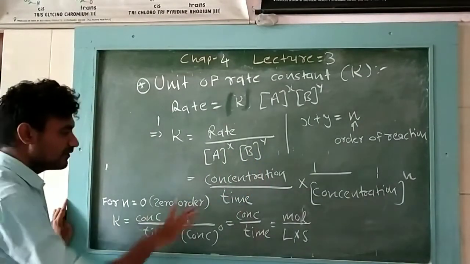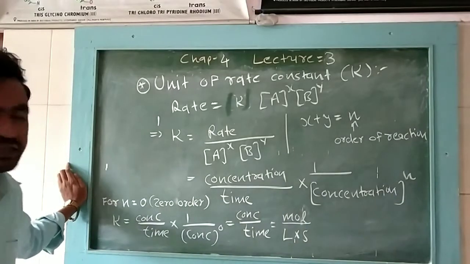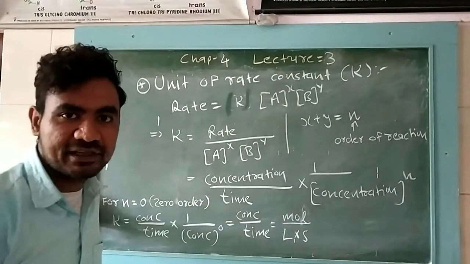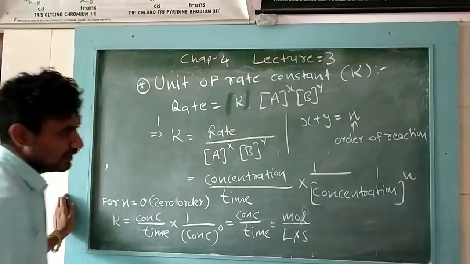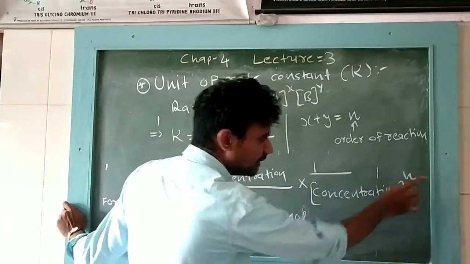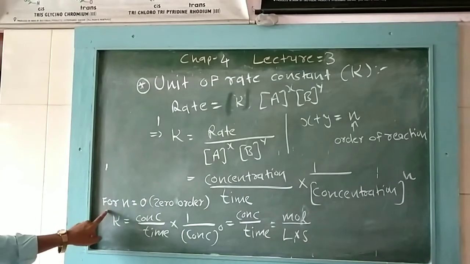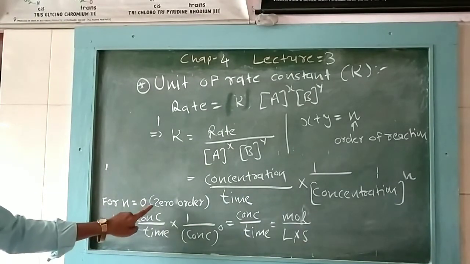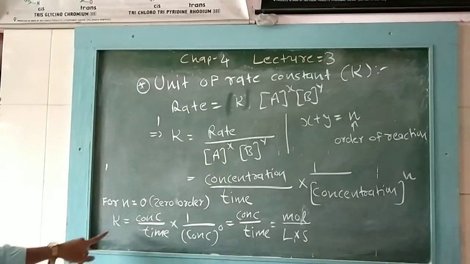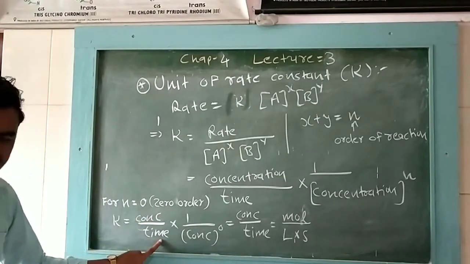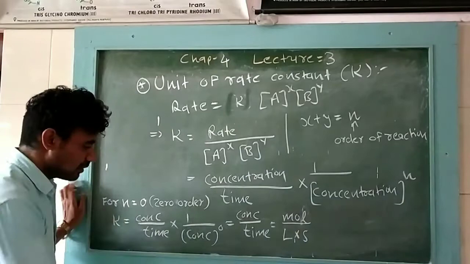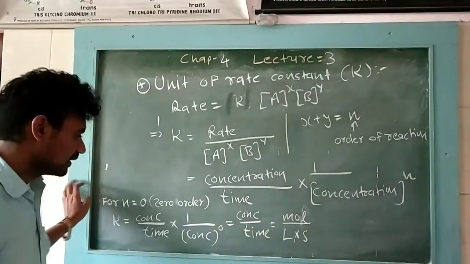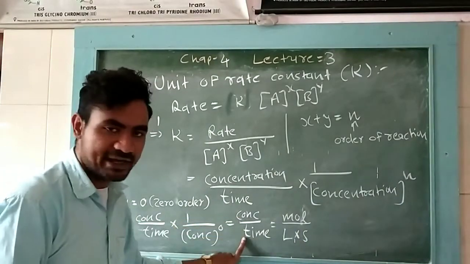Now if the reaction is a zero order reaction, instead of n we will put 0. So for n equal to 0, zero order reaction, K is equal to concentration divided by time into 1 by concentration raised to 0. Concentration raised to 0 means 1, so I will get concentration divided by time.